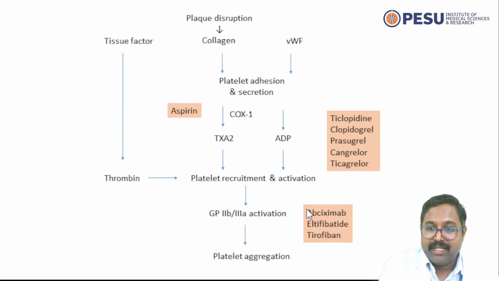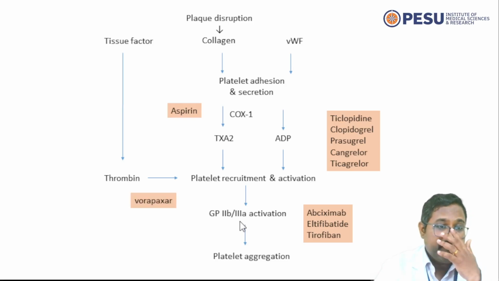Then we have abciximab, eptifibatide and tirofiban, which inhibit the glycoprotein 2B3A receptors. We also have vorapaxar, which is the thrombin receptor inhibitor.